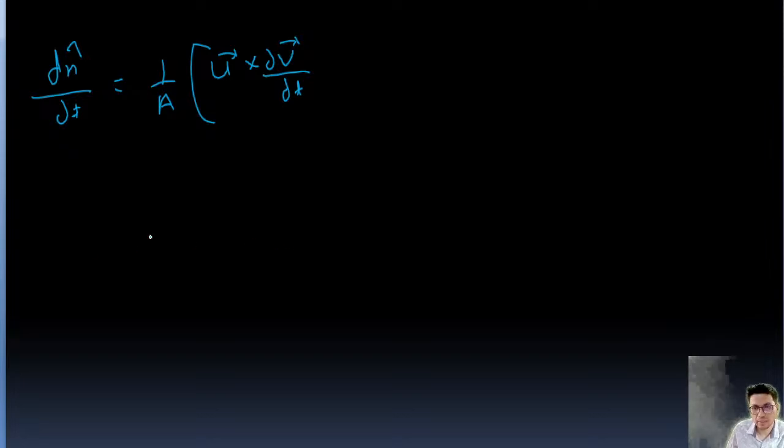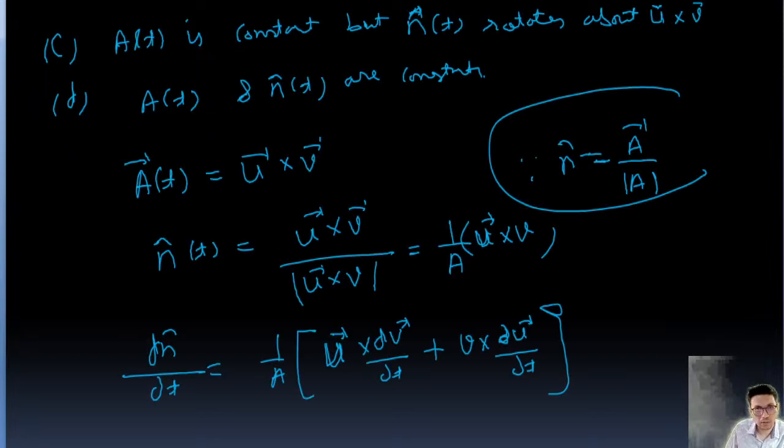this one, we have made a mistake, guys. This is a vector product, so we have to be careful. The second function in the differentiation, dV, okay.